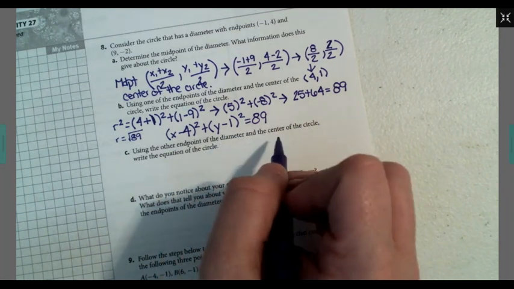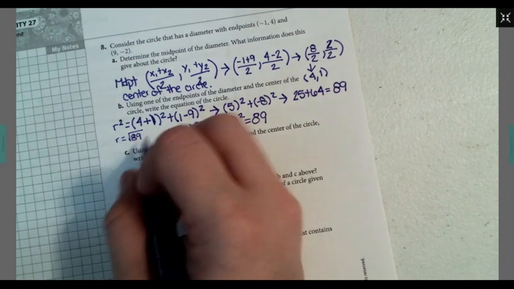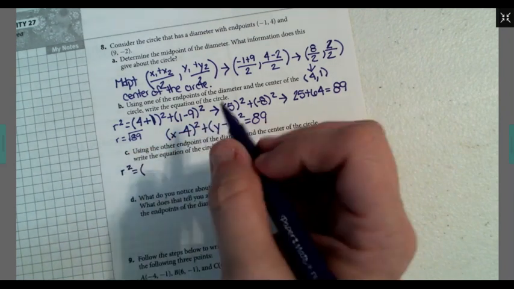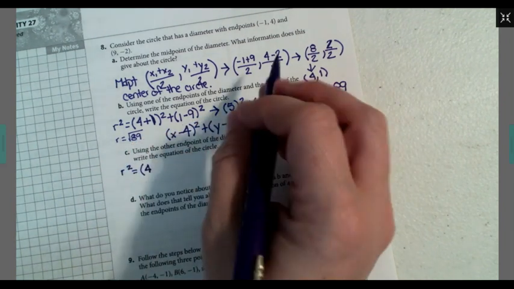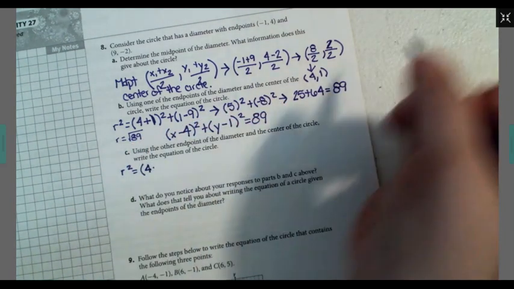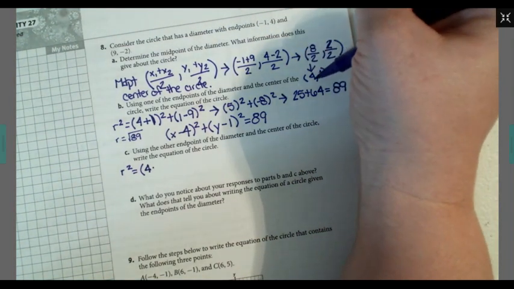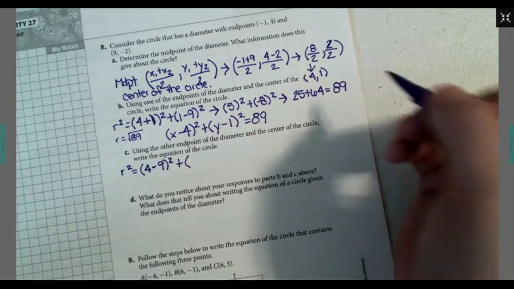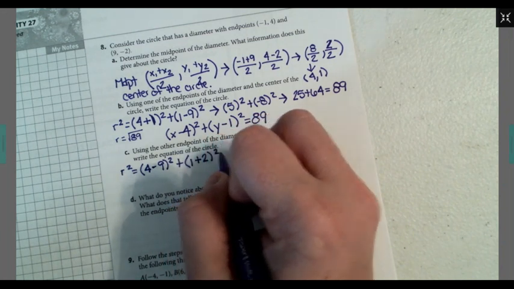Using the other endpoint of the diameter and the center of the circle, write the equation of a circle. Well, let's take a look. We're going to have r squared equals, this time I'm going to use the other endpoint. So I'm going to do (4 minus 9) squared plus (1 plus 2) squared.